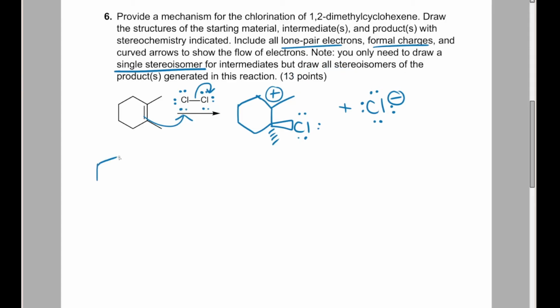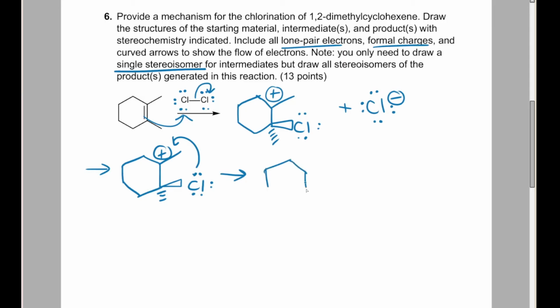The next step actually will be the formation of sort of a ring, where this chlorine atom that's wedged is really attracted to this carbocation because this is highly electronegative. So it's going to take a lone pair and try to bond with this, which will give us another intermediate that looks like this.